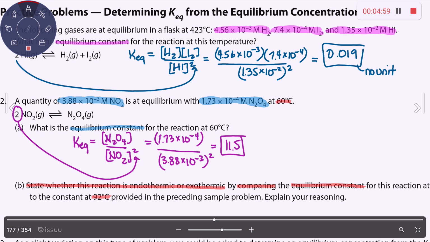So if you take a look, they gave you the KEQ value at 92 degrees Celsius.